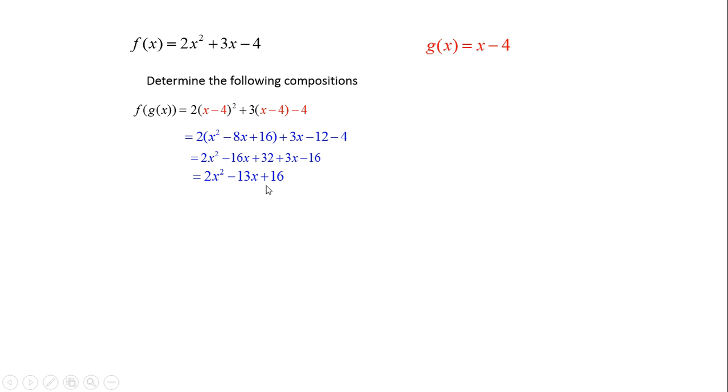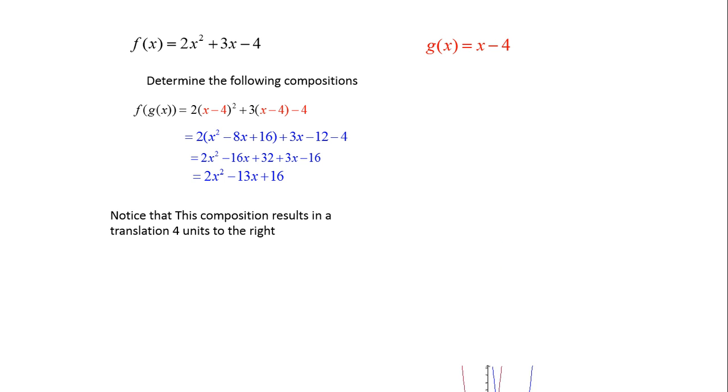Now I want to take a look at this from a graphical standpoint. As we said, you're essentially evaluating f of x minus 4, because all x's are replaced with x minus 4, which should imply a shift of 4 units to the left, to the right, I'm sorry.